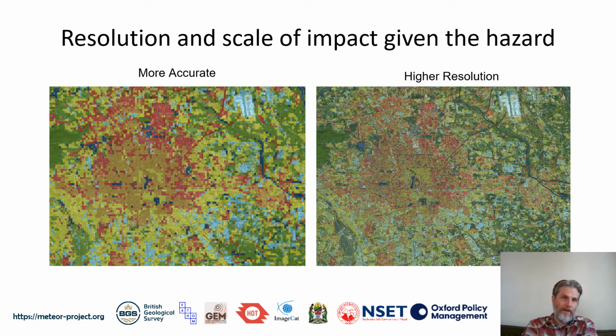Because of the law of large numbers, it's going to give you higher accuracy for this aggregated area. But the image on the right is going to have higher resolution.